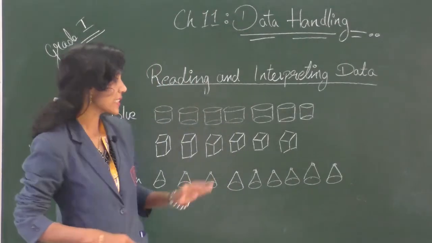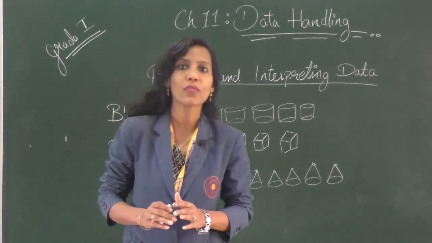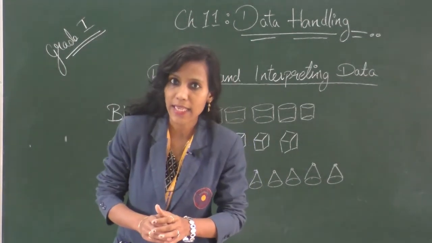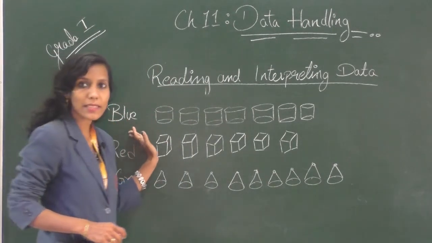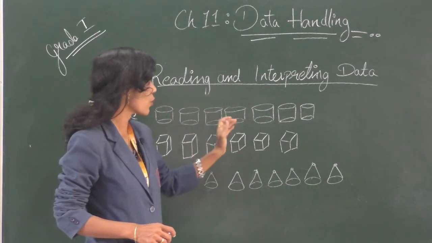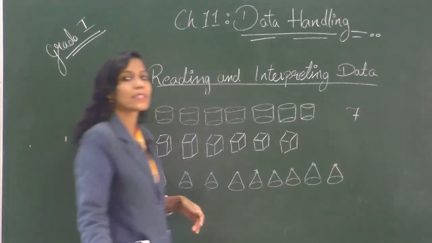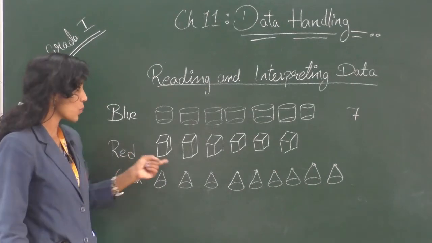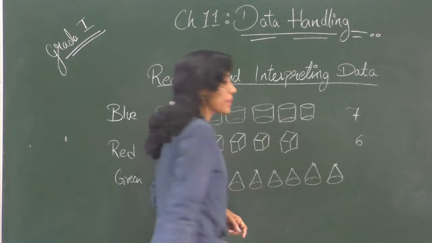Here you can see I have made a table for the number of beads that I had bought. So the blue beads, 1, 2, 3, 4, 5, 6, 7. So there are 7 blue beads. Now red beads, 1, 2, 3, 4, 5, 6. I have 6 red beads.